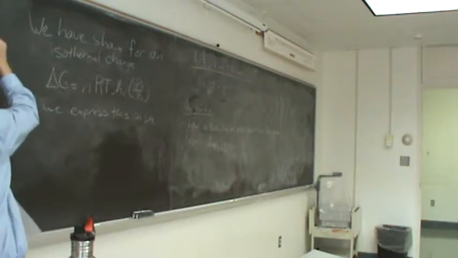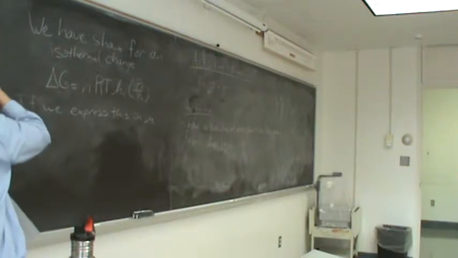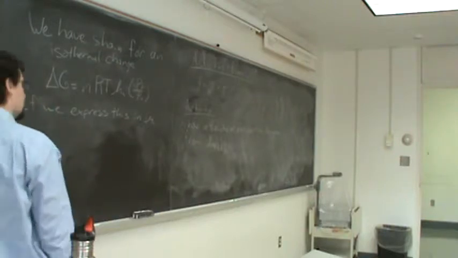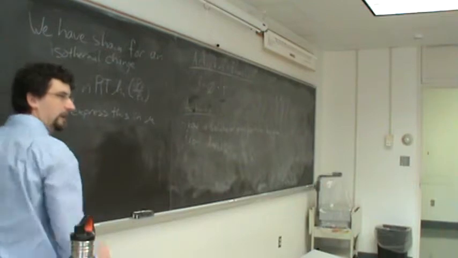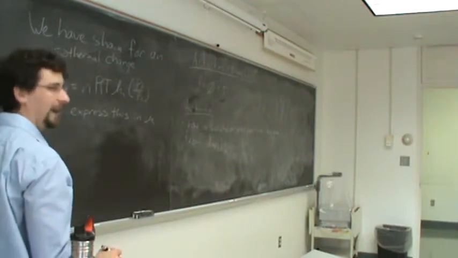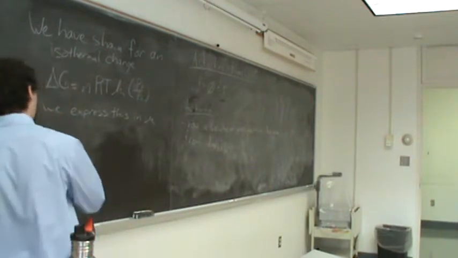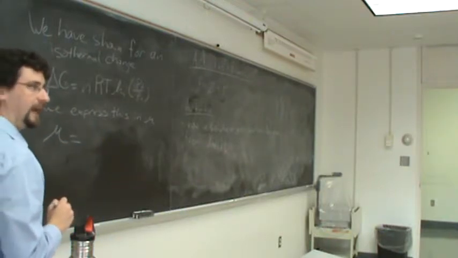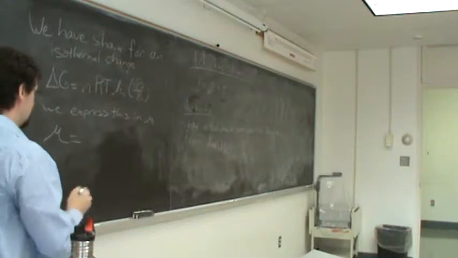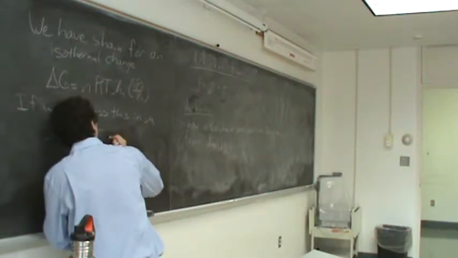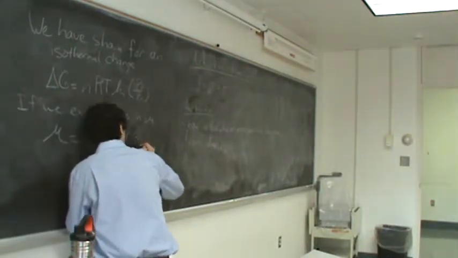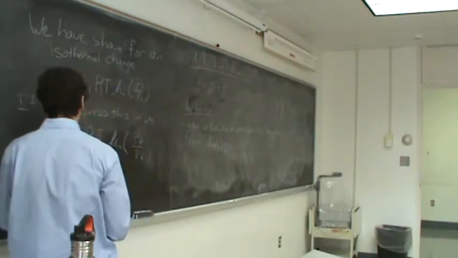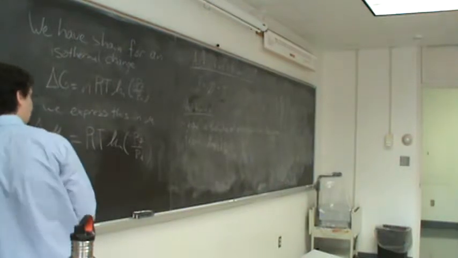Change in G over the change in moles. So what are we going to do to this expression then? What are we going to divide by? Moles. So what is the chemical potential equal to then for this gas? Yep, RT ln of P final over P initial. Okay, that'll actually be delta mu, right?